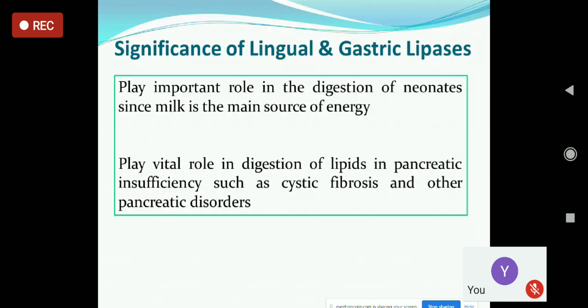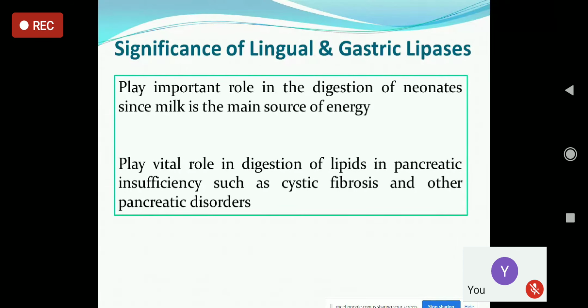This is the significance of lingual and gastric lipases. They play an important role in the digestion of neonates since milk is the main source of energy. I said that these lipases act on triacylglycerol containing short and medium chain fatty acids. So these kinds of triacylglycerol are found in milk. That is why these are important for digestion in the neonates.